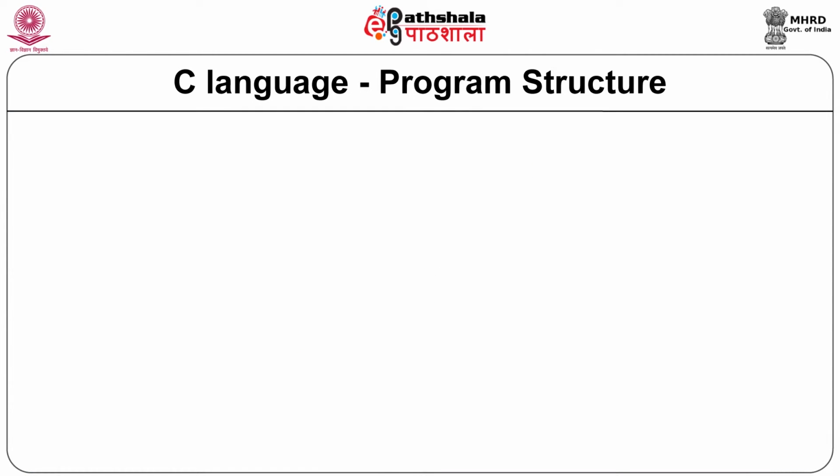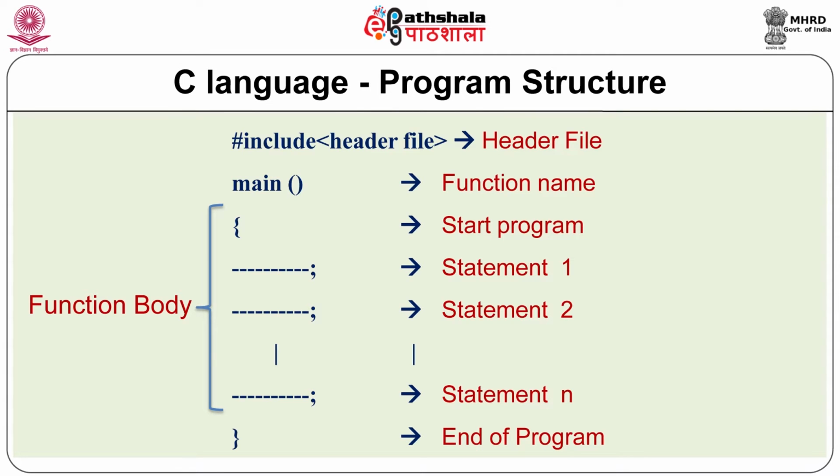Program structure for C language. The programming structure of C language consists of a header file, main function and body of main function. The C language program starts with the main function, which is called the function name. The program function starts with an open brace and ends with a close brace.